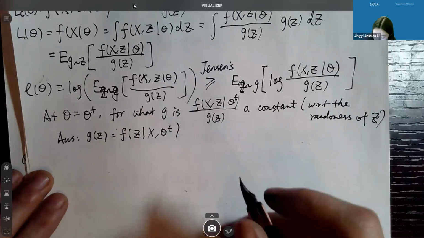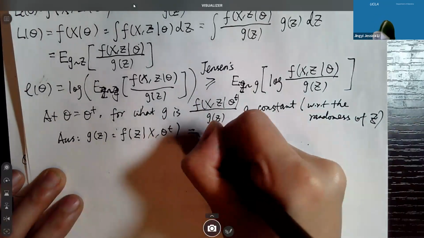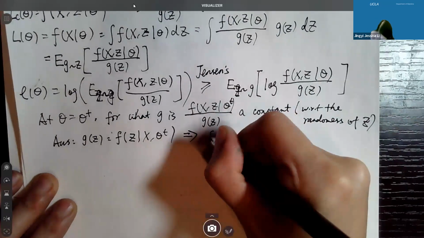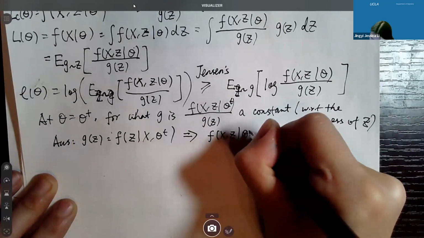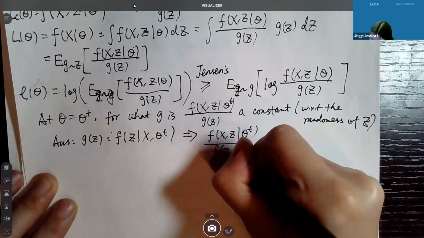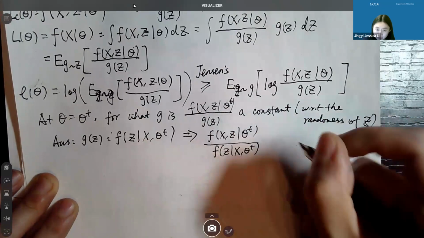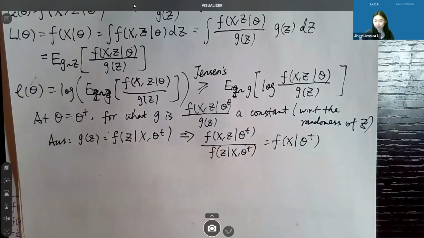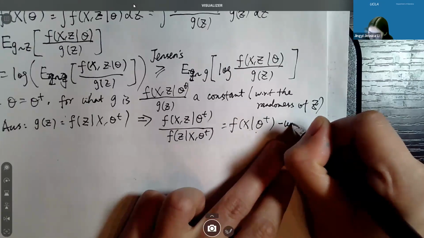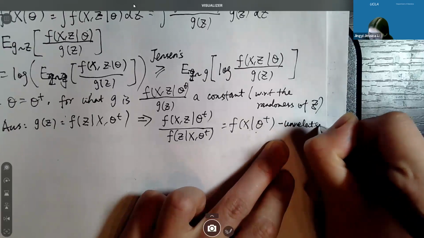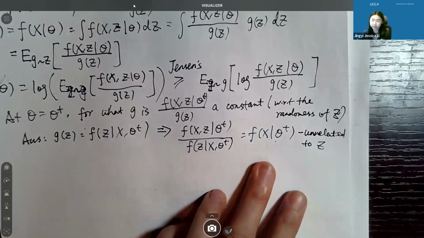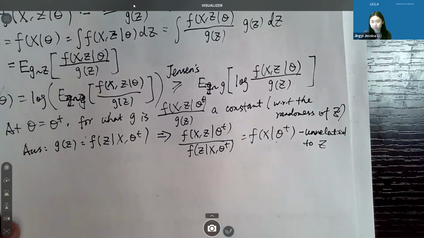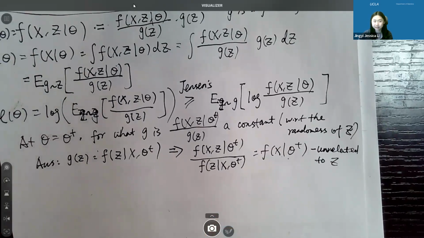The reason is because with this g(z), you can see that the ratio becomes just f(x) given theta t. This is by the product of joint density equals the conditional density times the marginal density. And this is not related to z anymore. So that's why it's a constant. There's no randomness anymore. Does that make sense now?